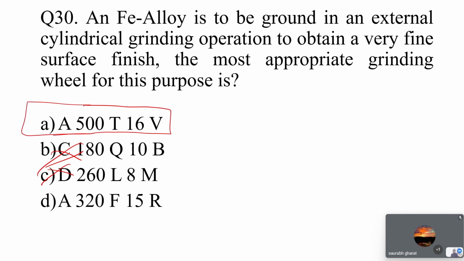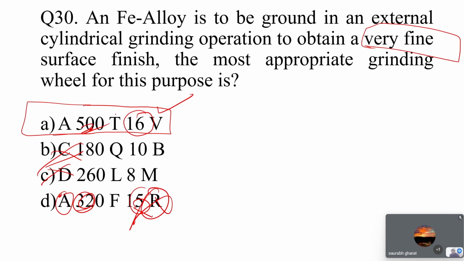Again, what we have? Very fine. We have Fe, so we can't go with C, E, D. So this A again, but the finishing is very high here. So what will we go with? Vitrified bond; rubber bond again is not used. Vitrified bond, we have surface finishing, we have 16 here, 15 here. Again, this is the concept.